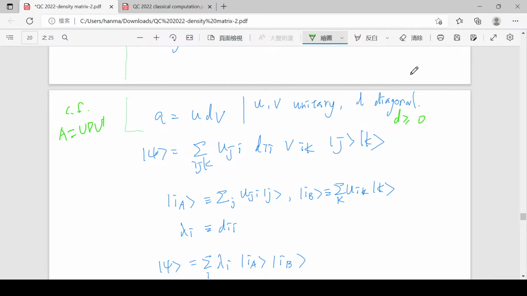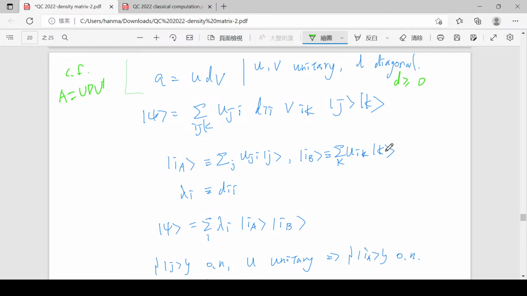In the next step, we basically regroup the summations. We group the U_ji and |j> together, and define another vector. Let's define iA as the summation over j, and the only thing dependent on j is U_ji times |j>.